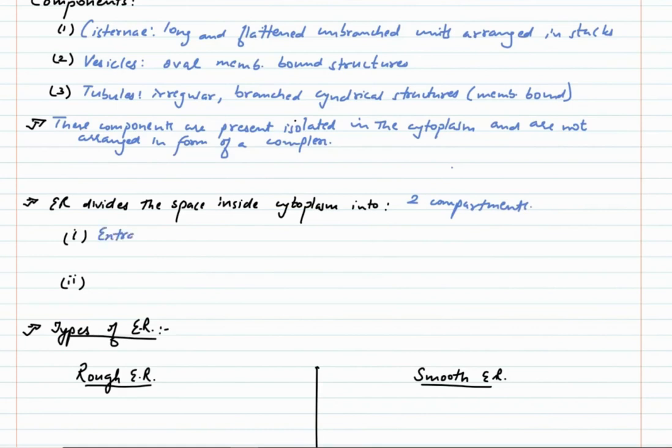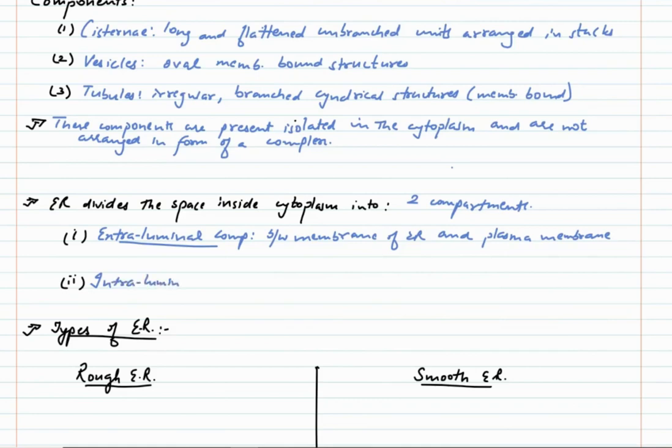One is the extraluminal compartment, that is between membrane of endoplasmic reticulum and plasma membrane, and the second is intraluminal, that is space present inside the ER.